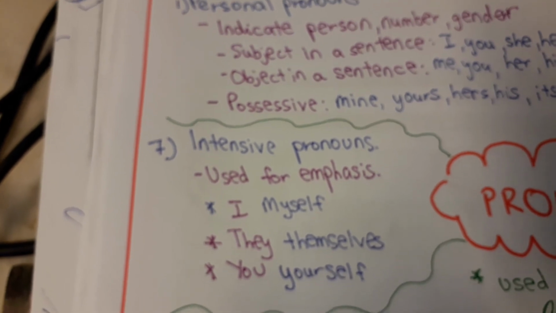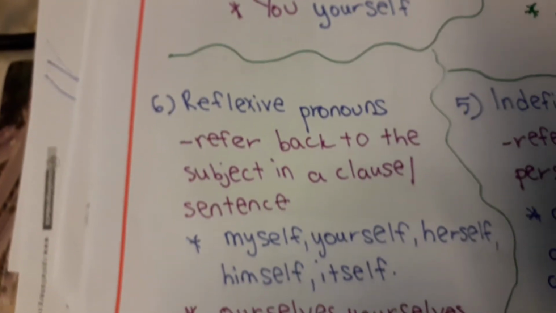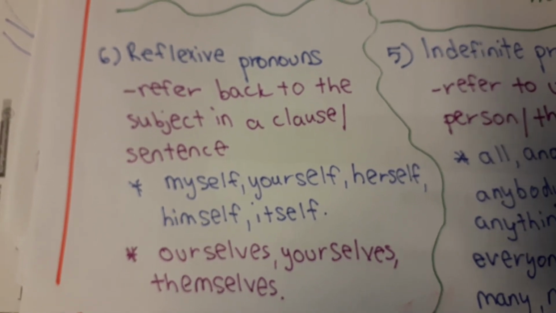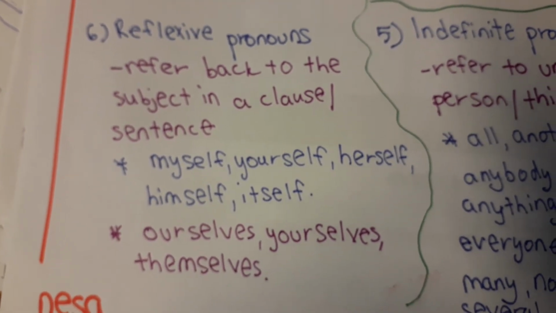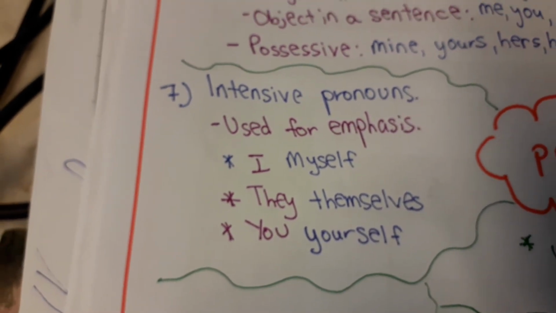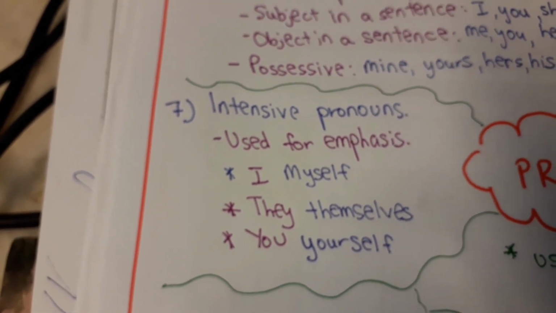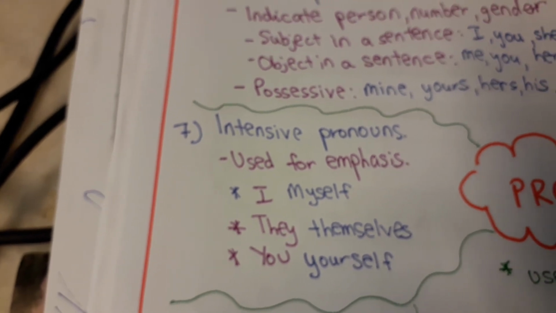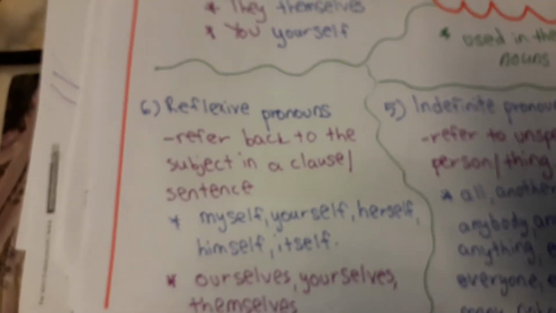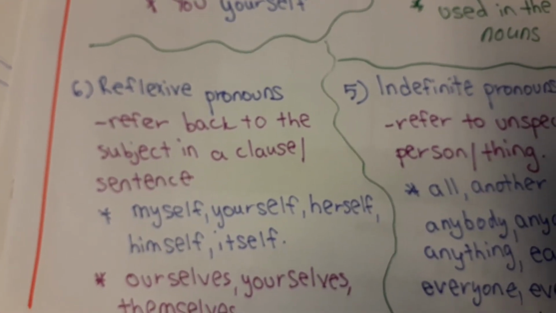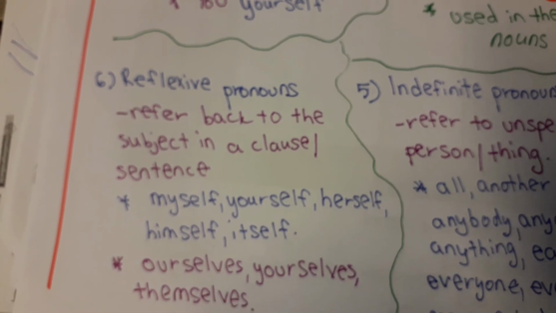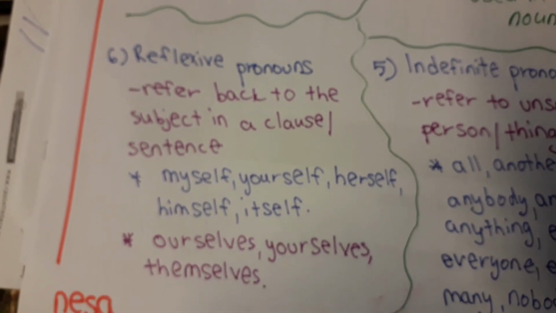Now the words seem exactly the same as the ones here in the sixth group, and you're right, the words are the same. But if you notice here, it comes immediately after the subject, I myself. So if the earlier example I gave you was I built the house myself, the word myself comes at the end of the sentence.